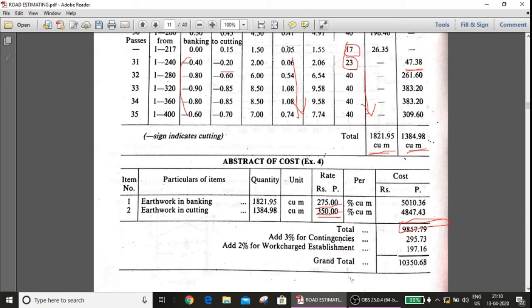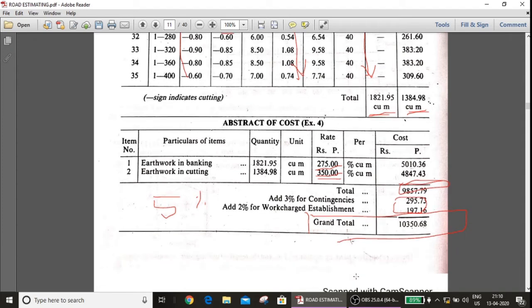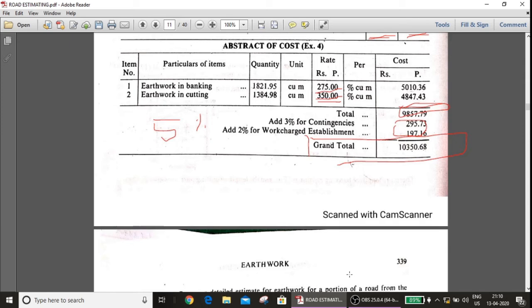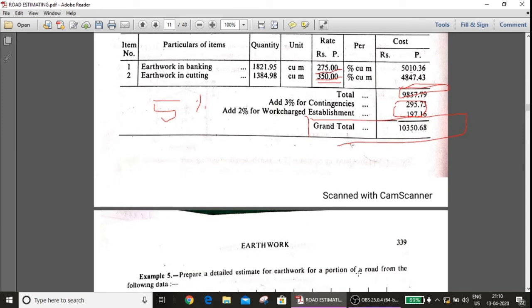Then for this total add 3% contingencies and 2% work charge establishment. Directly you make it 5% contingencies for 9857, then you will get a value. Then when we add, we will get the grand total as 10,350.68 rupees per cubic meter.